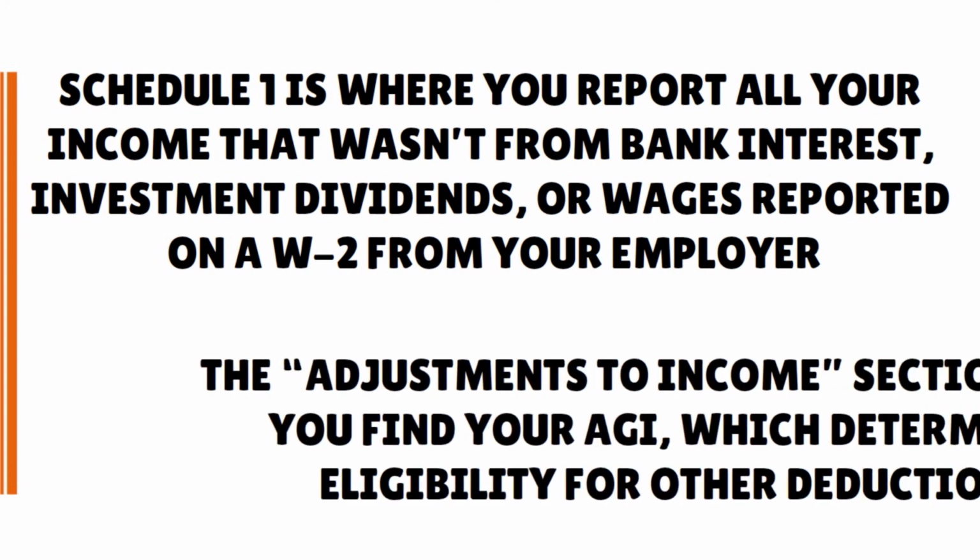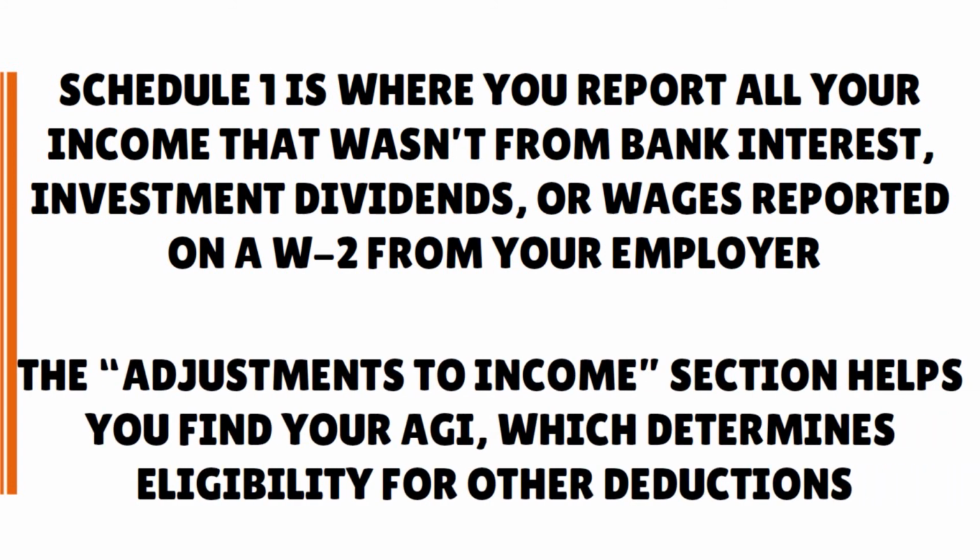Then you have something called the adjustment to income. So this section basically helps you find your AGI, which then determines whether you are eligible for other deductions or not. Right? And you can take the deductions on Schedule 1 regardless of whether you take the standard deduction or itemized deduction.